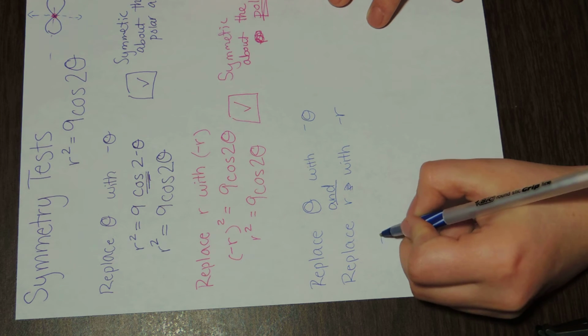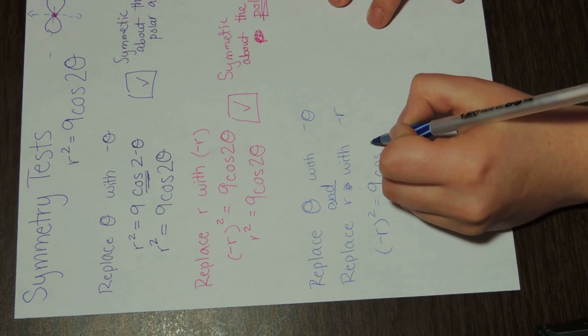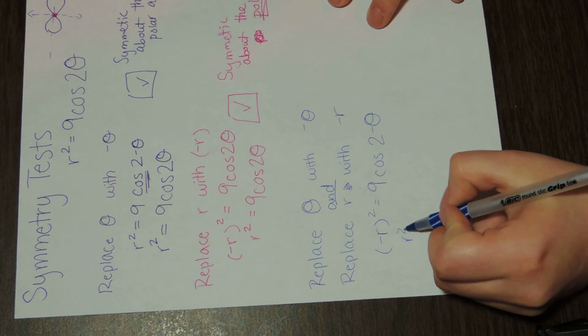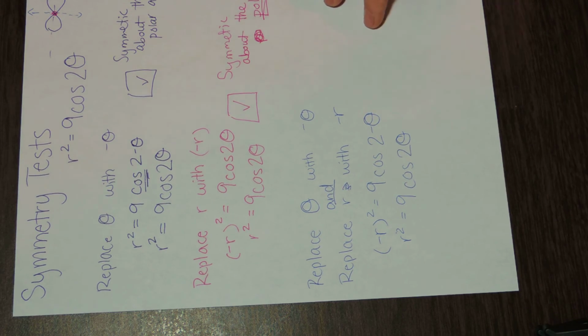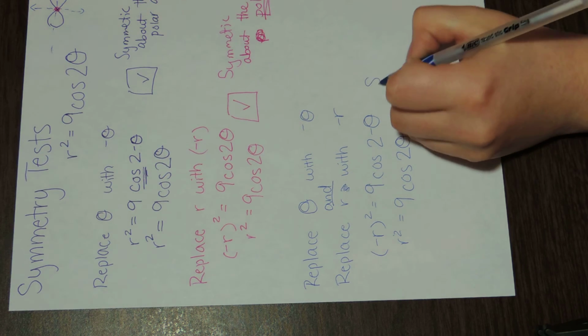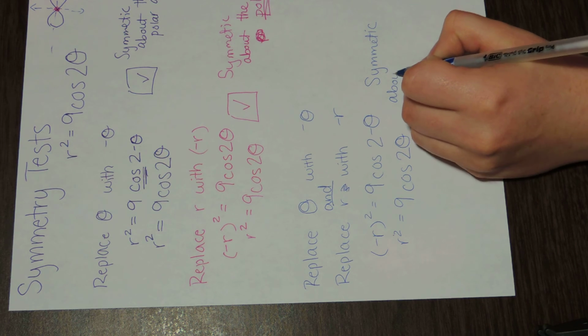Now, if we do that, we're going to have negative r squared equals 9 cosine 2 negative theta. Once again, this becomes r squared, and we have an even function, so that negative sign is not necessary. Therefore, this is indeed symmetric about pi over 2.